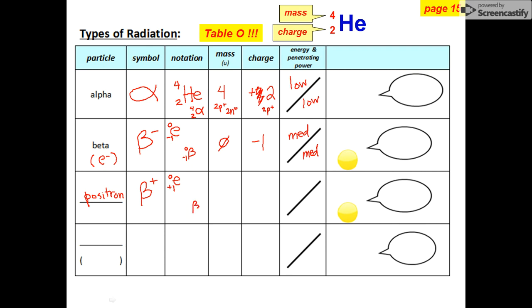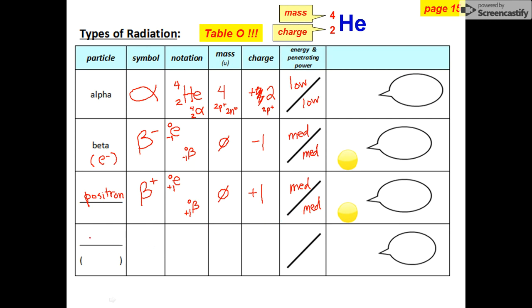And you also might see its symbol written this way, and these are both in table O. Okay, what's its mass? Just like an electron, it has a mass of 0, but it's an anti-electron. It's a positron. It has a charge of +1. Just like an electron, it has medium energy and medium penetrating power for blasting through materials.